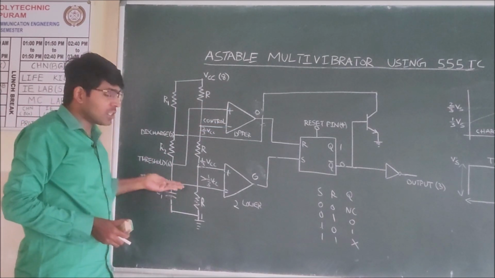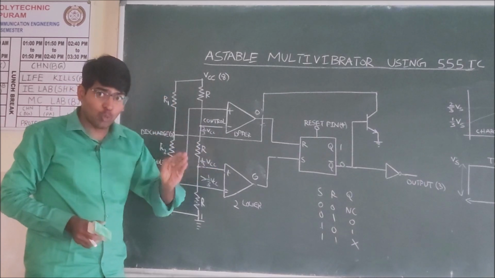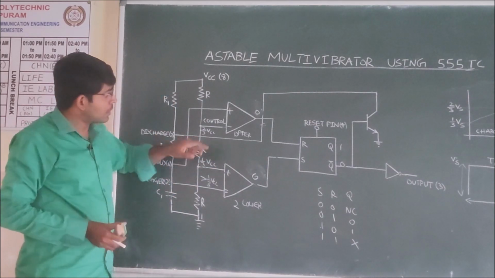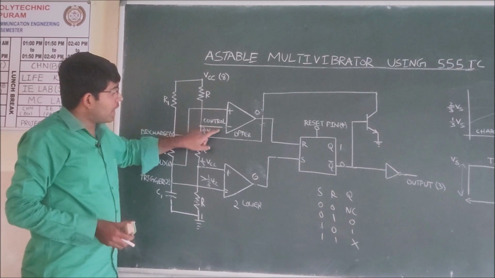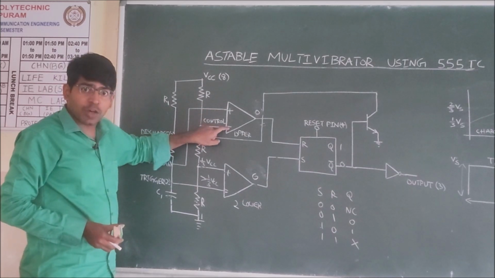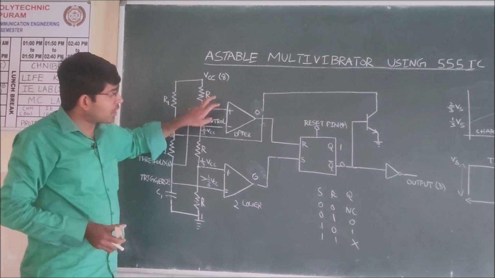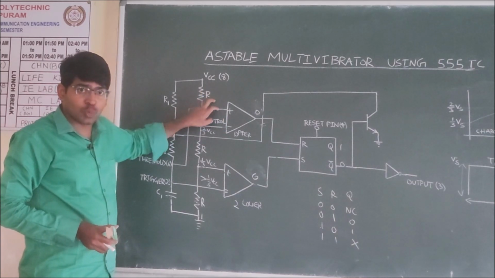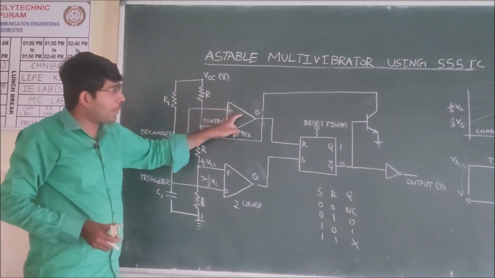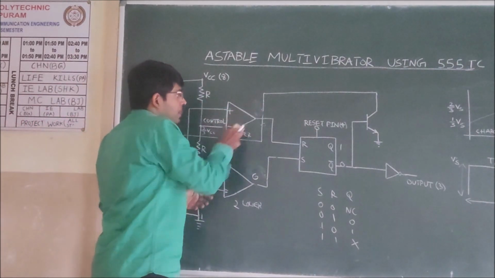When the capacitor voltage crosses 2/3 VCC, at the negative terminal of the upper comparator we have the voltage 2/3 VCC. But now the capacitor value crossed 2/3 VCC, so the upper comparator output will be high.